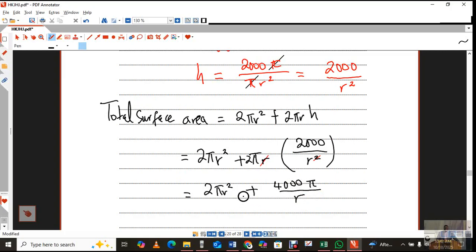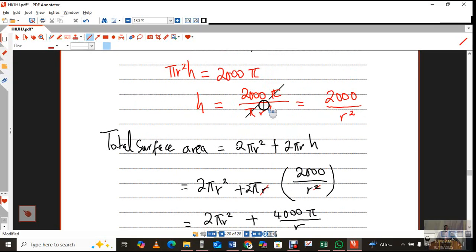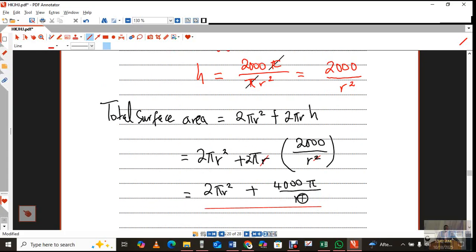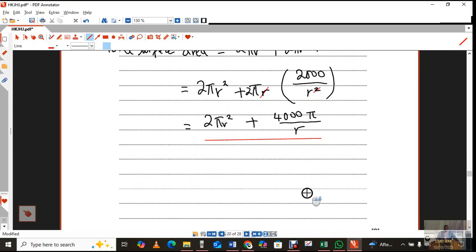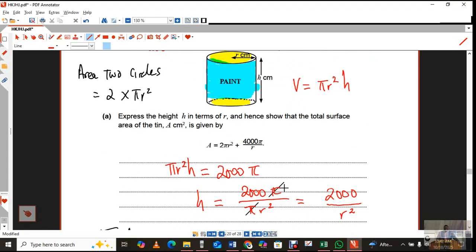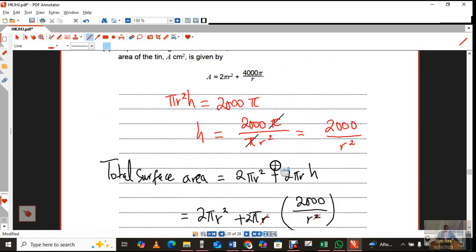And surely this is what we needed to prove: 2 pi r squared plus 4000 pi over r. That is the answer for 2 marks. So it is knowledge of work that you have done at ordinary level that you are now applying here. We haven't done any calculus in any way yet.